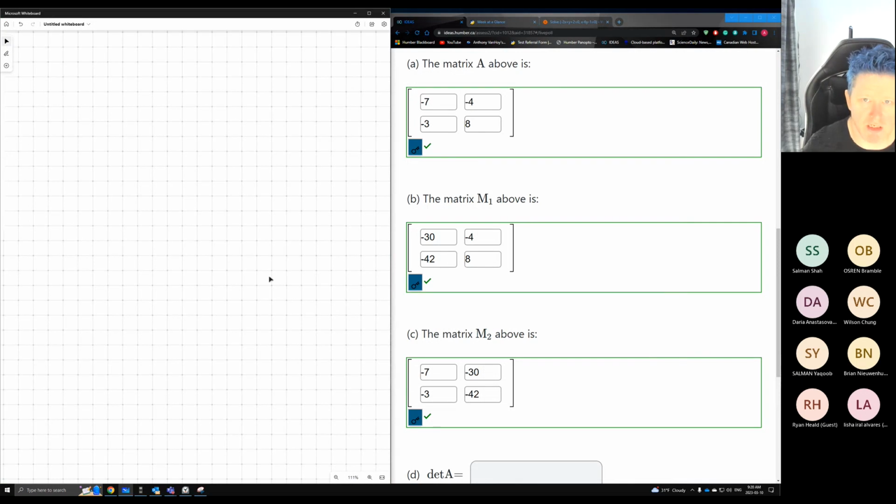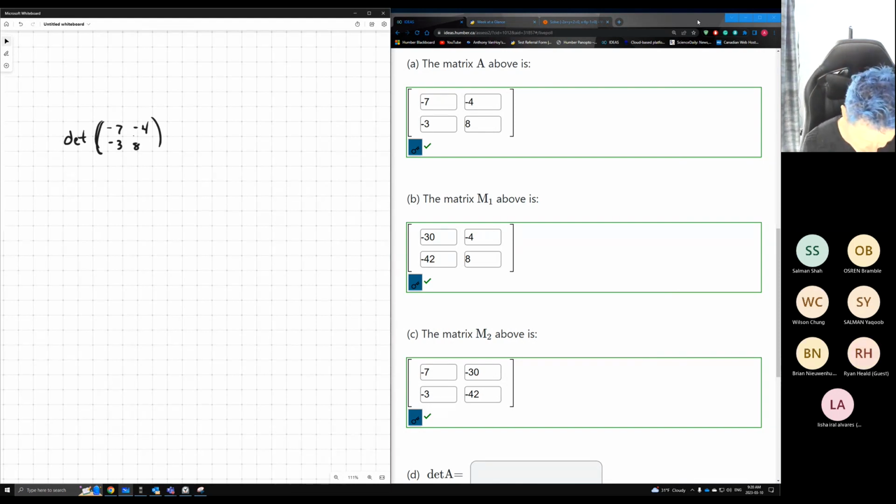Okay, let's flip sides here. By the way, your technology instructors do use this method occasionally.